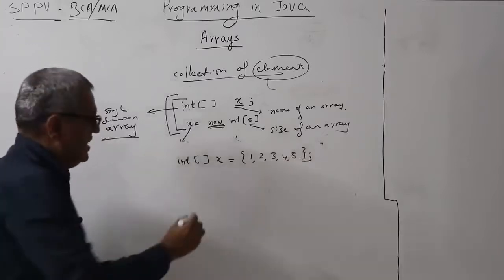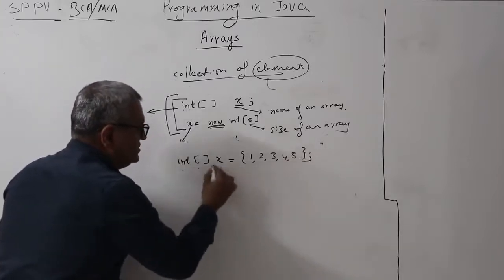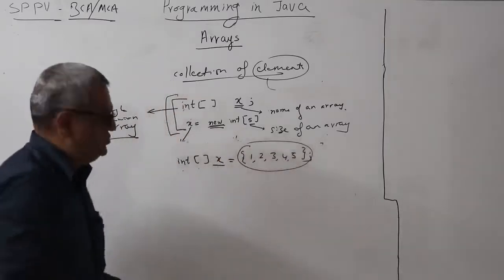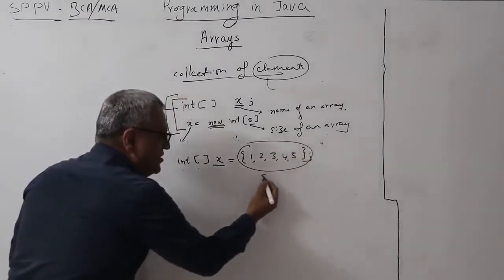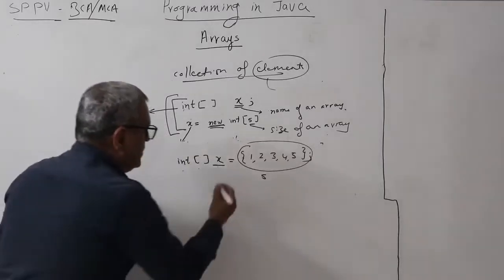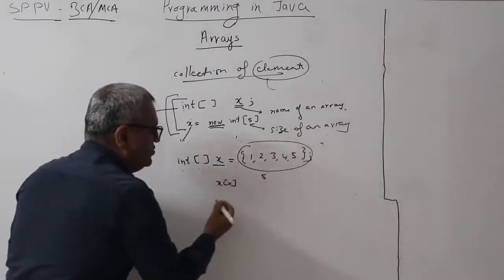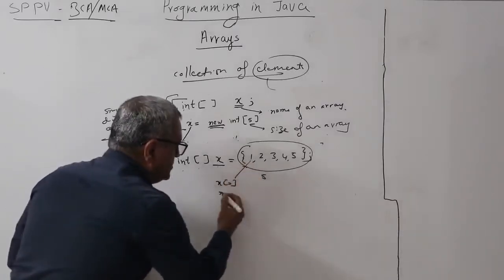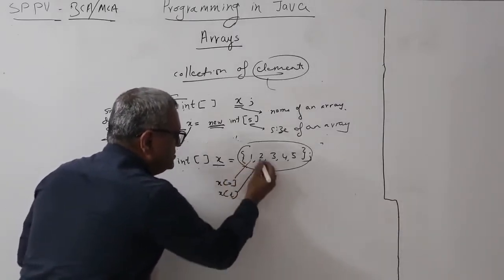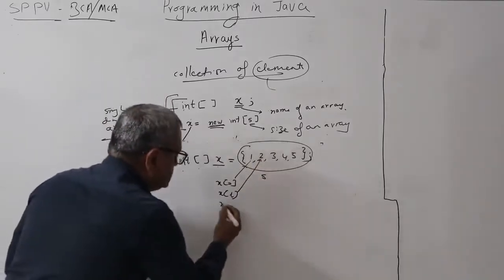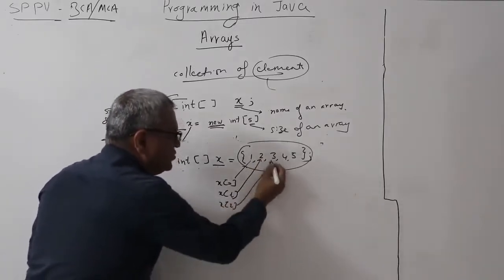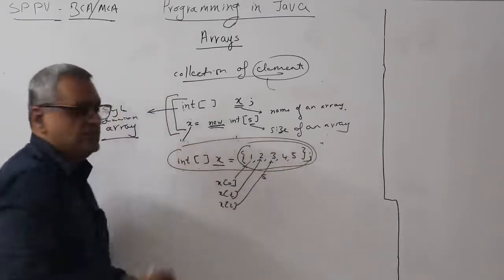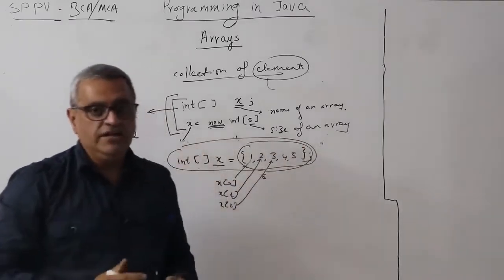This initializes the array to these particular values, so the size of the array will be 5. x of 0 will be set to 1, x of 1 will be set to 2, x of 2 will be set to 3. So this is another way of initializing the array.